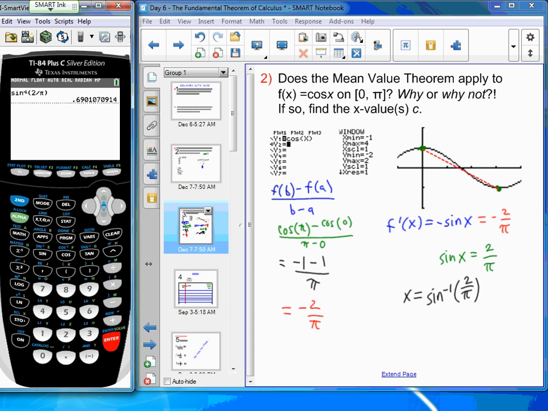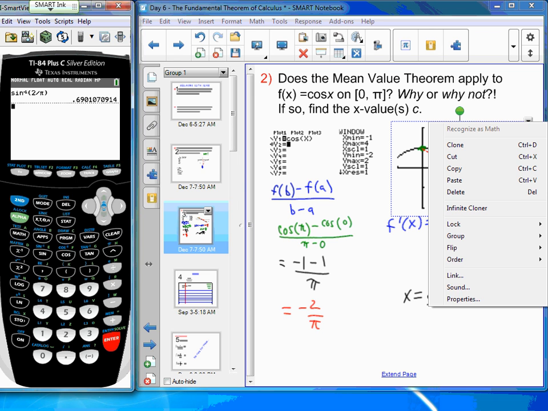As I look at my picture, where this is 1, 2, 3, there's pi. So this is going by ones. Does it appear as though at x equals 0.69, that seems reasonable for a place where the slope of the tangent is equal to the slope of the secant? Well, about 0.69 would be, if that's 1, then that'll be about right there. Well, by golly, it does look like that.